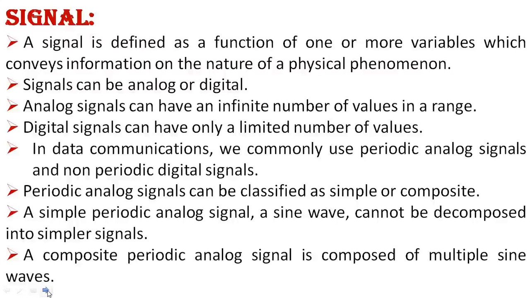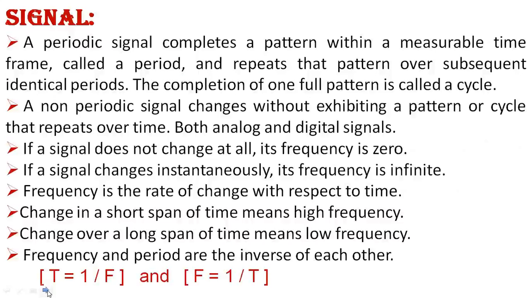A simple periodic analog signal, a sine wave, cannot be decomposed into simpler signals. A composite periodic analog signal is composed of multiple sine waves. A composite periodic signal is the combination of multiple sine waves.